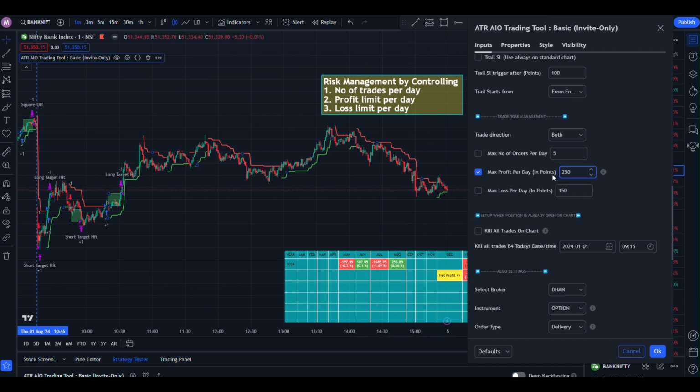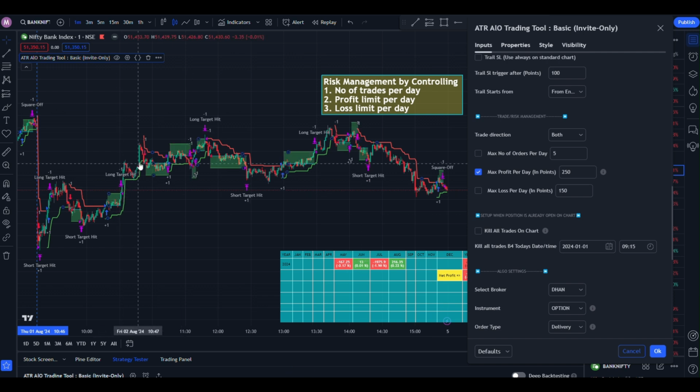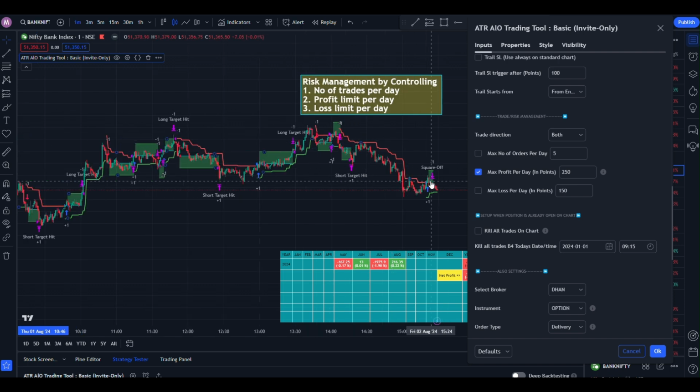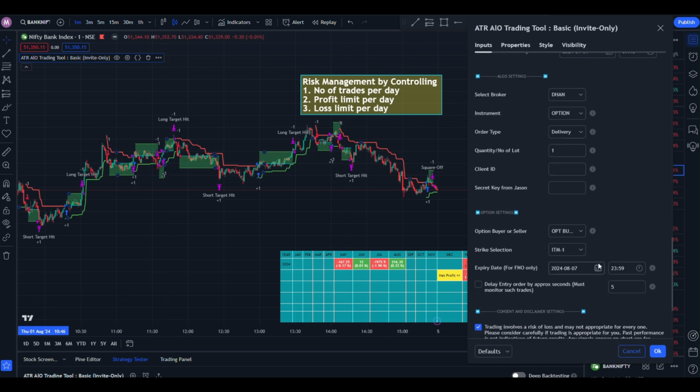Let's say 250 points, because here they are not going further, because 50 points is achieved here. So 50, here stop loss, here is also stop loss, here is 50 points, so stop loss is also counted. So no 250 points achieved today, because in between there are losses.